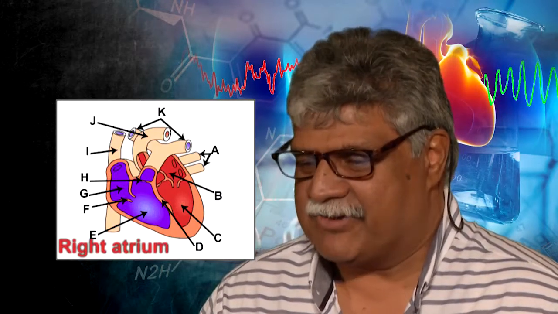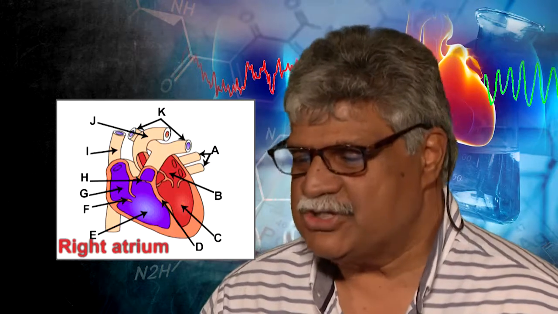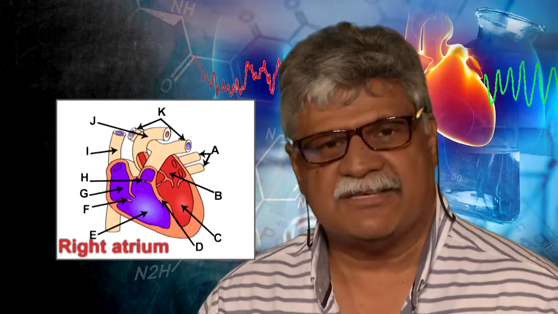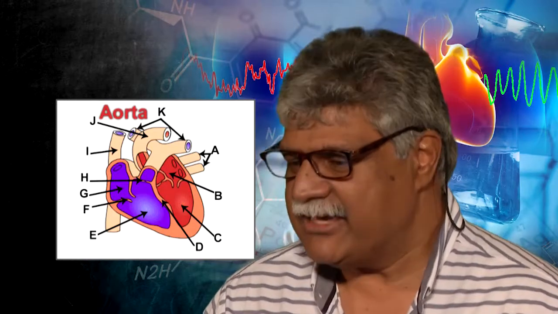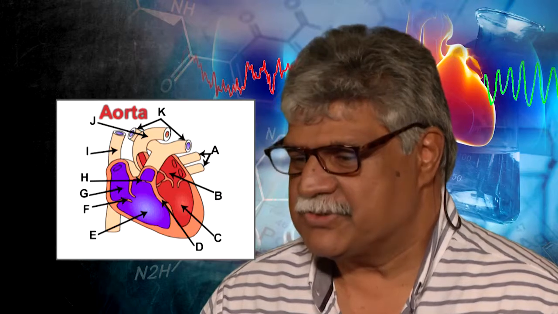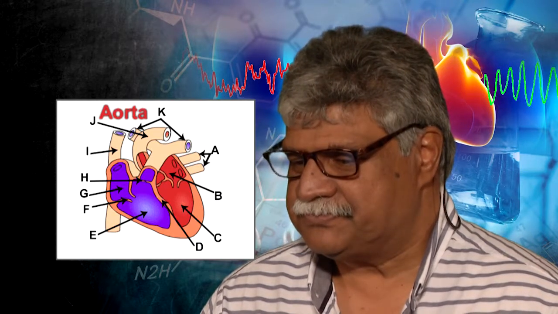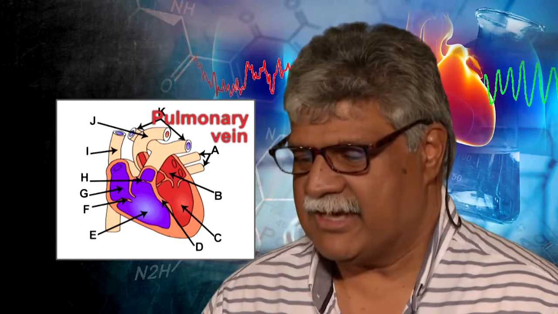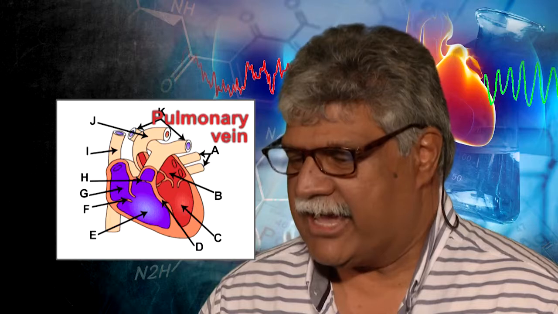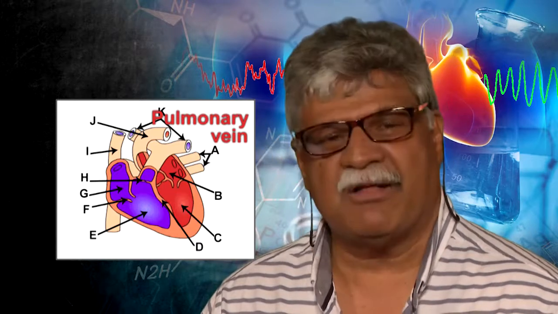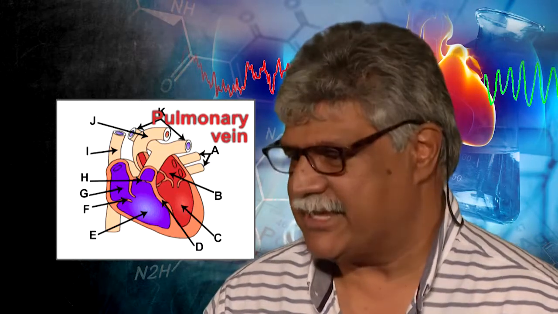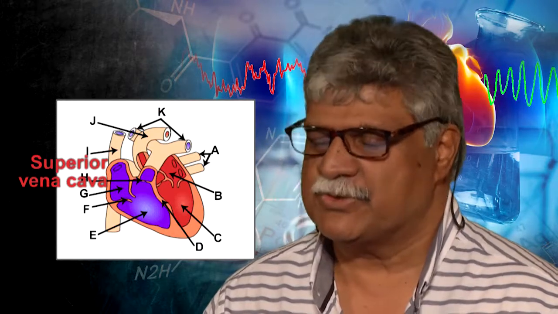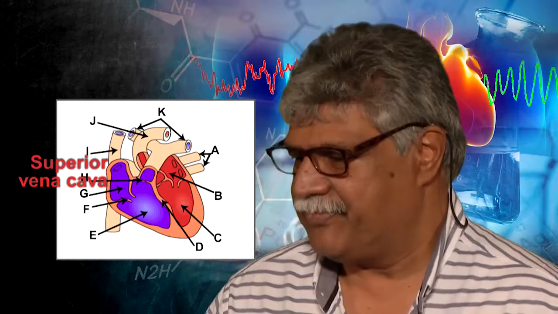G is the right atrium. J refers to the aorta. A refers to the pulmonary veins bringing in oxygenated blood. And I refers to the superior vena cava.